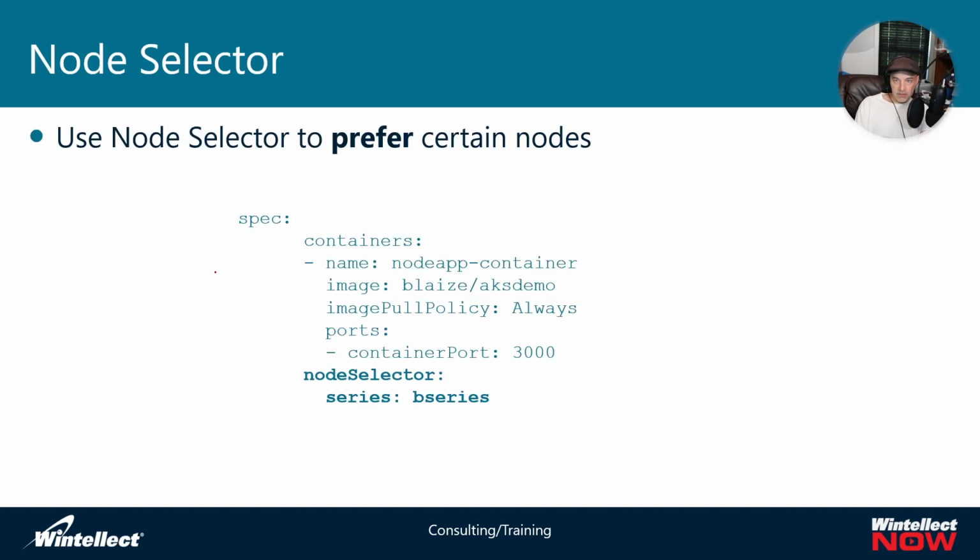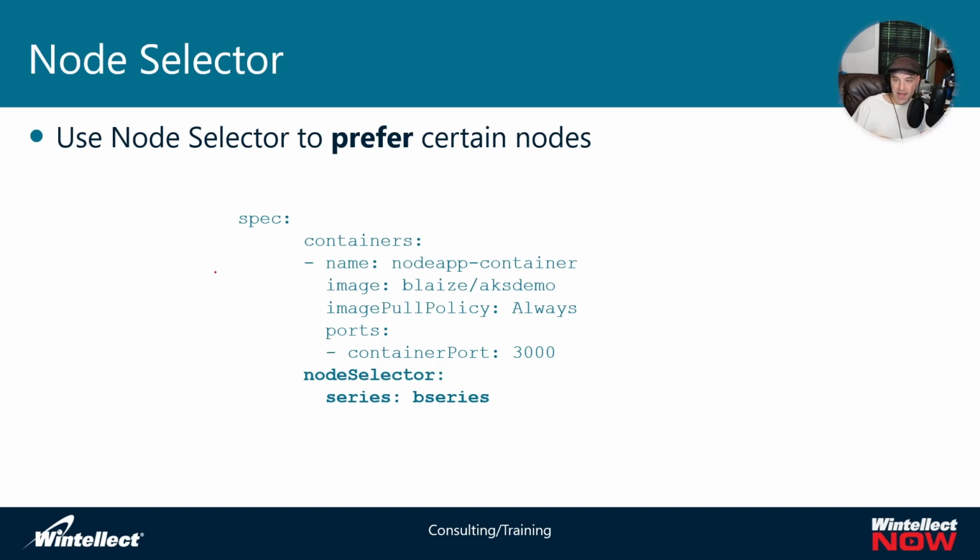So with that in mind, let's talk about the different ways that you can get these nodes up and running. The first one I want to talk about is a node selector, and this is probably the most basic one that you can do on Kubernetes. A node selector allows you to take a node pool and say, this node pool has this label, B series VMs.